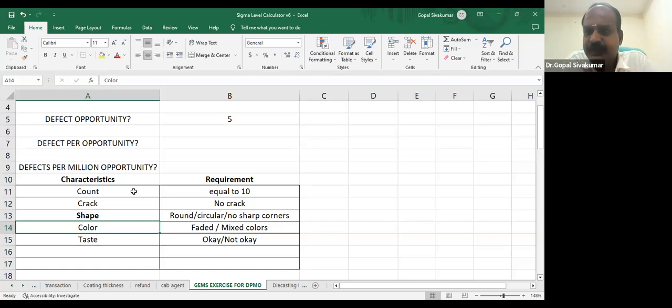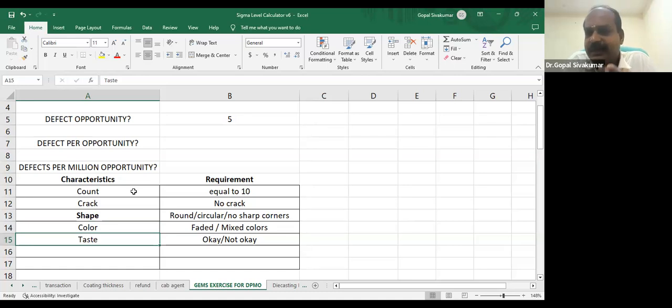Am I right? Red color falling on blue color, and yellow color mixing with red or other colors, we don't want that. If the colors are faded, that also we don't want to see. So faded colors and mixed up colors are known as color defects. Now finally comes the interesting part of the test. Test whether the gems are tastier.